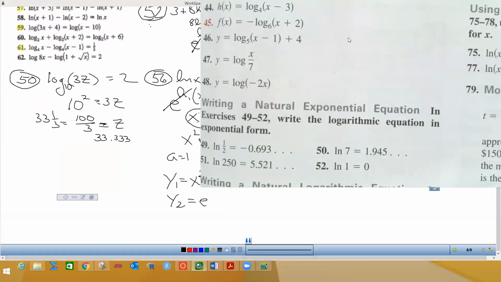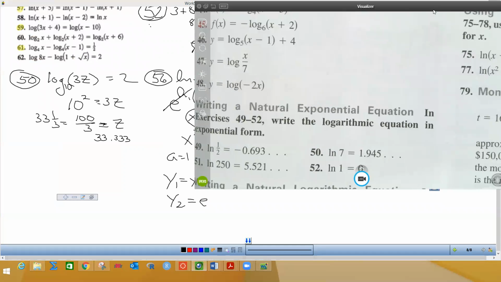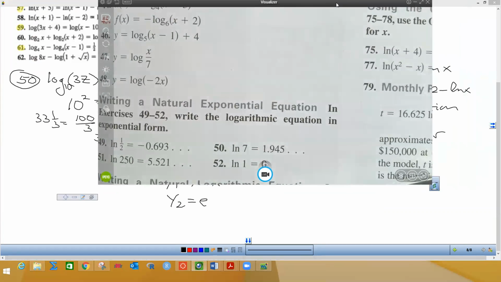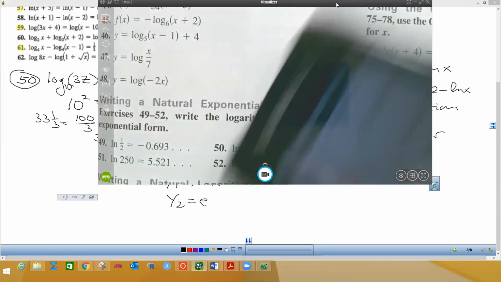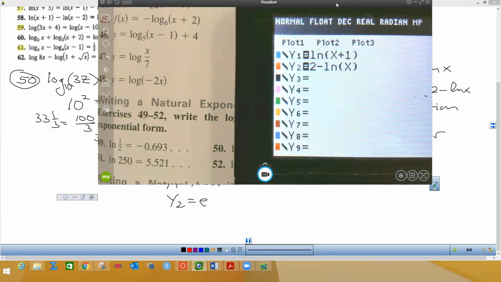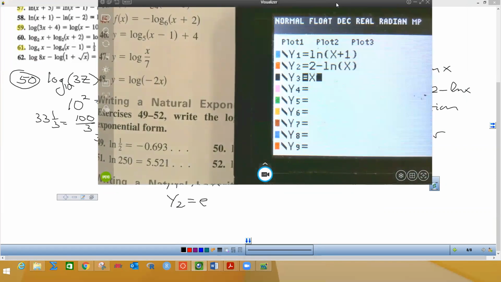And I still did not move that stupid thing. There we go. All right, so let's see, where am I going to put this? All right, it's x squared plus x. I remember what it is. So I'm going to turn these 2 off because I got to use these in a minute. And we got x squared plus x.